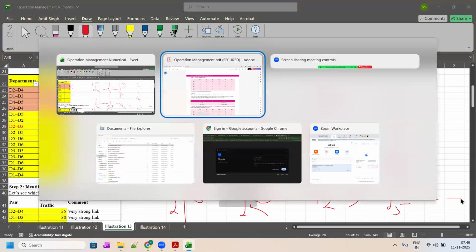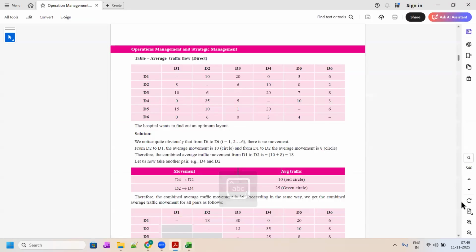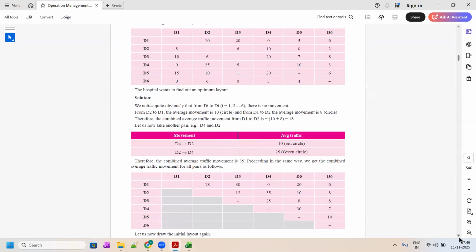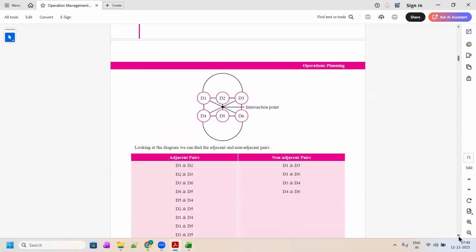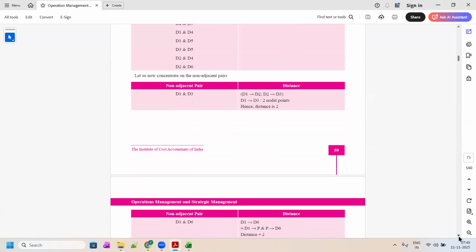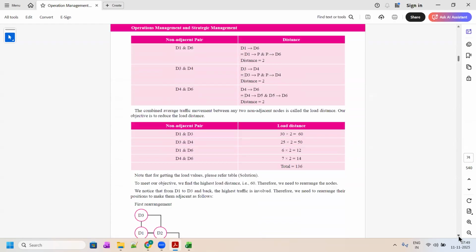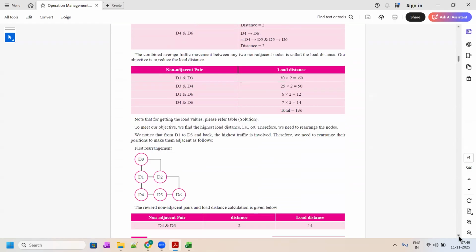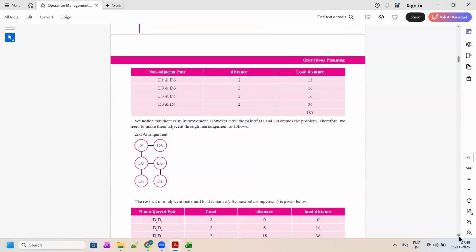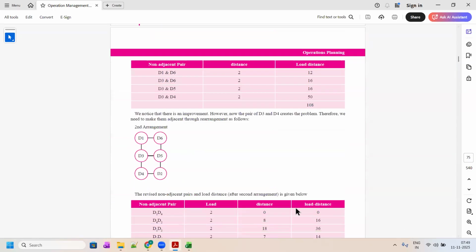So don't bother about doing that. In the textbook they have given one possibility. You can create some other possibility. Here they have given this one possibility, and then they calculated the distance. This is the second possibility. Then they calculated the distance.